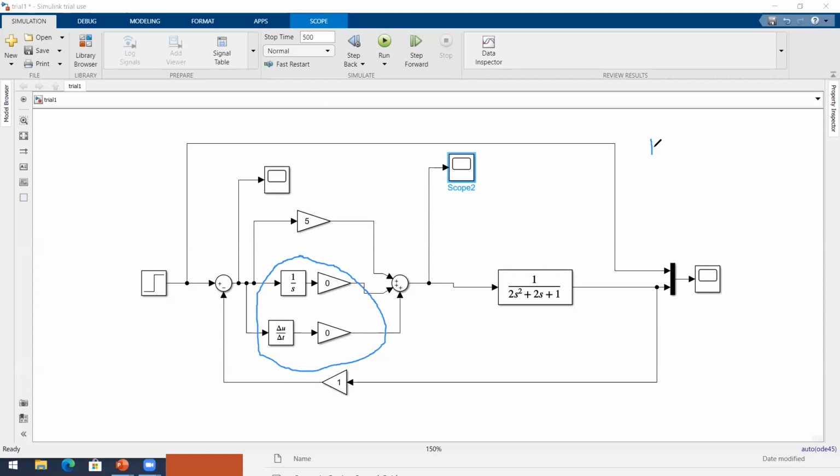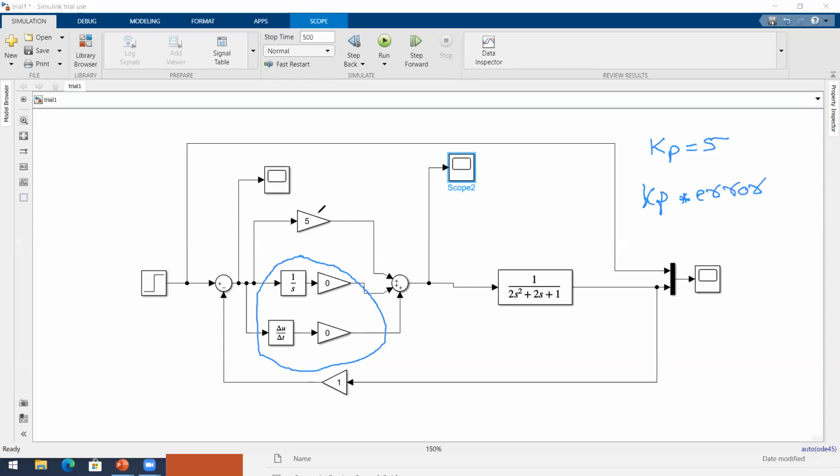Suppose Kp is the gain, Kp is 5. So what goes from the controller is Kp into the error. Any doubt in this? No, sir.